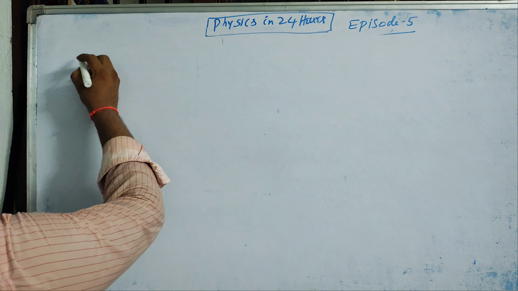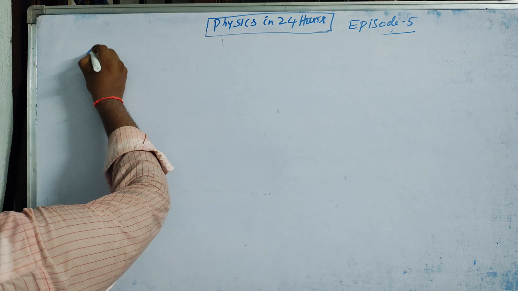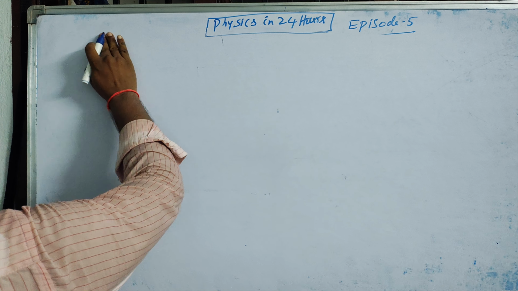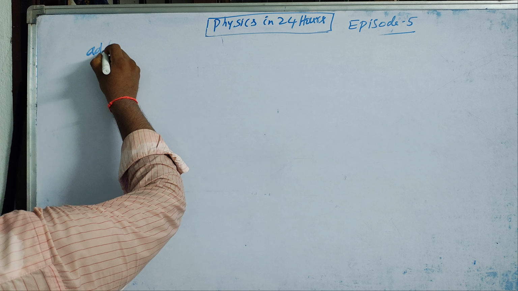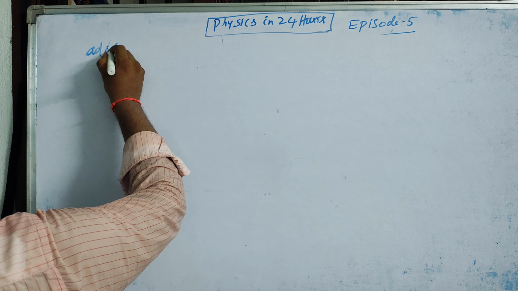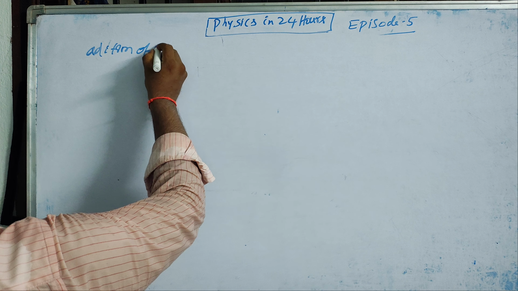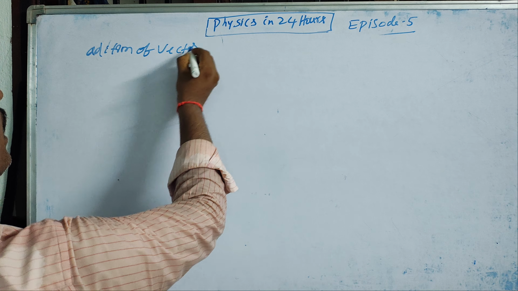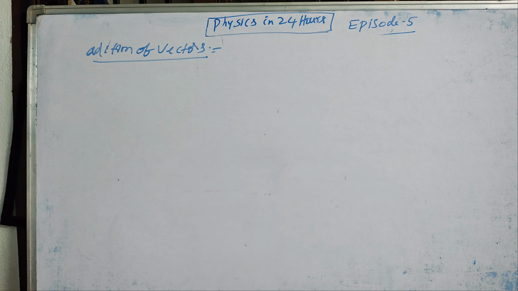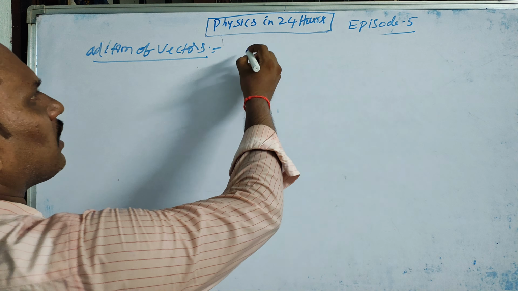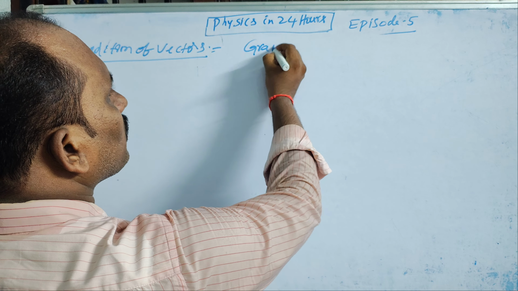Now I want to add two vectors. Addition of vectors. There is a different procedure to add the vectors, and we go with the graphical manner. Graphical method.